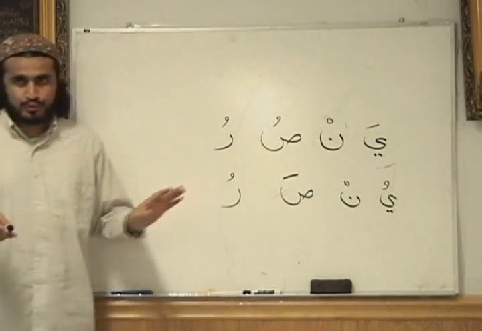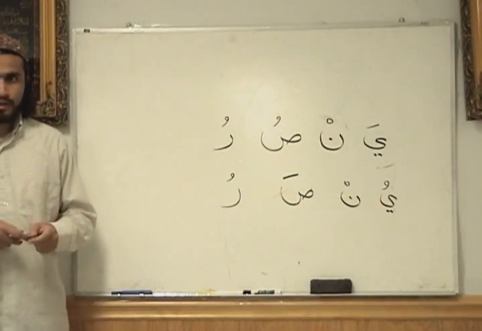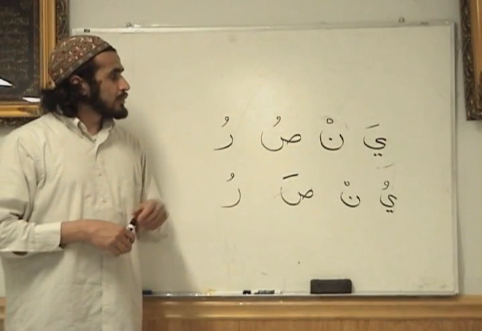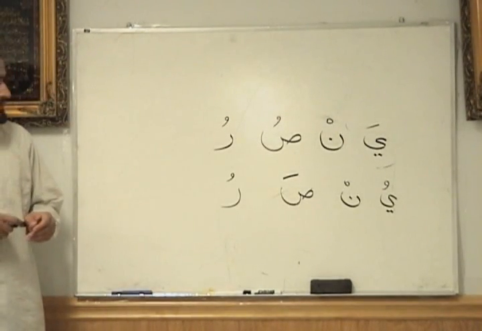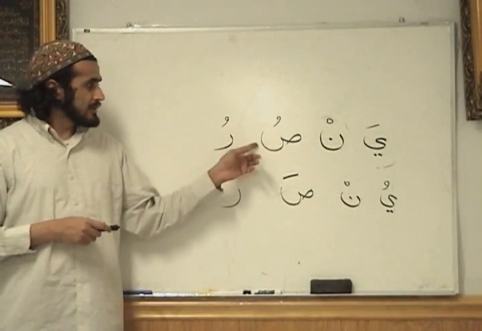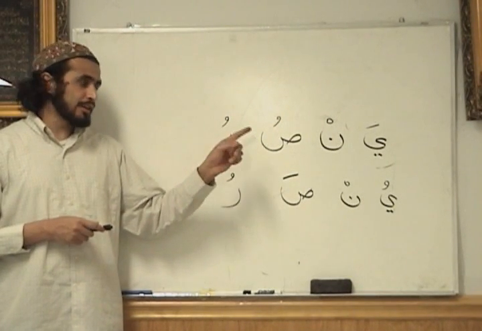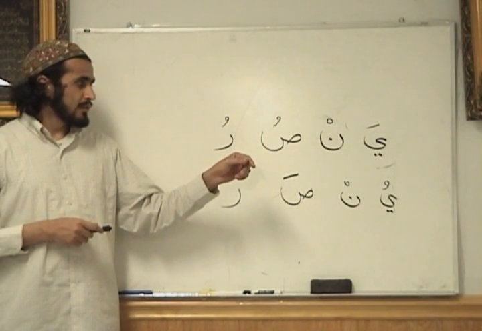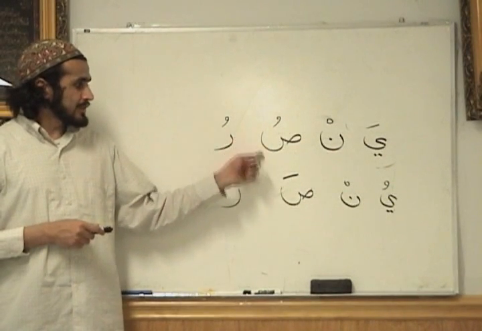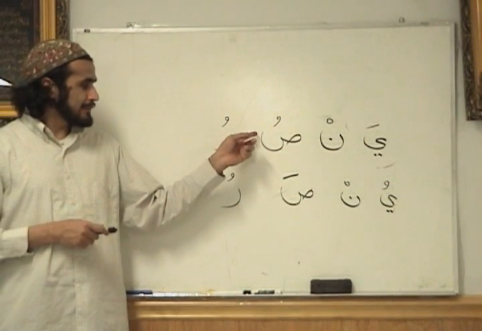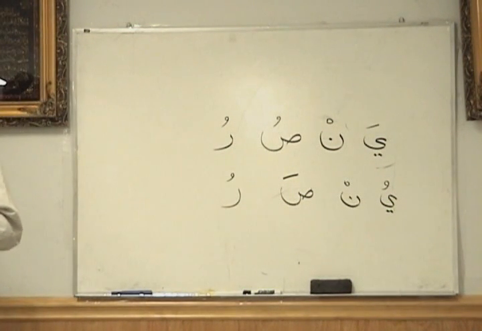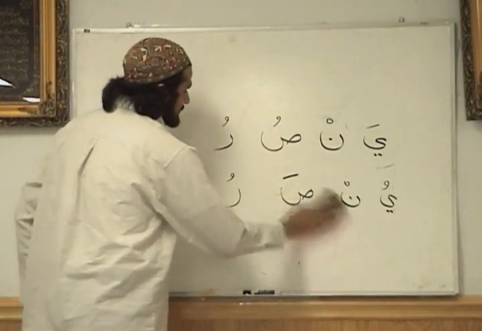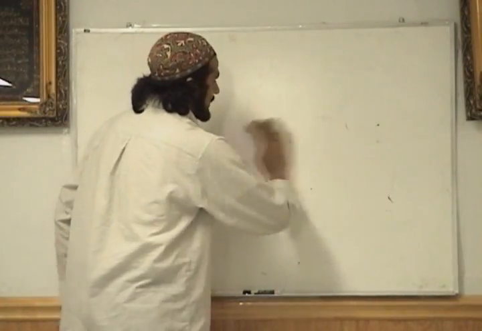All mudari' forms begin with ya, ta, alif, or nun. You change the fatha of that to dhamma, skip the next letter, and the next one, which will be the third letter starting from ya, ta, alif, nun, give it a fatha if it doesn't have a fatha already. So yansuru is changed to yunsar. Now let's see some more examples.